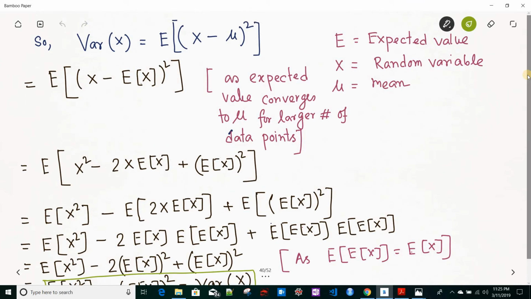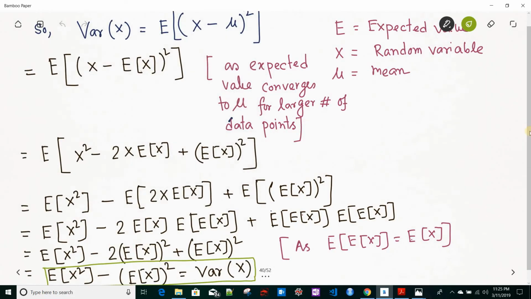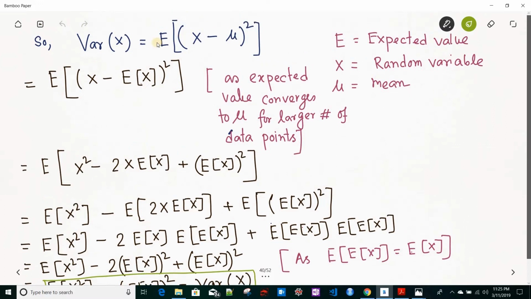Variance is mathematically defined as the expected value of the squared deviation of a random variable from its mean. Expected value we represent as E. This is our random variable X, and if we take mu as its mean, then the expected value of (X minus mu) whole square is our variance.